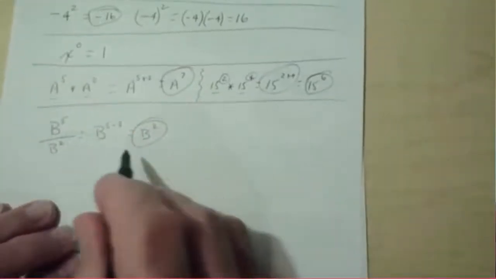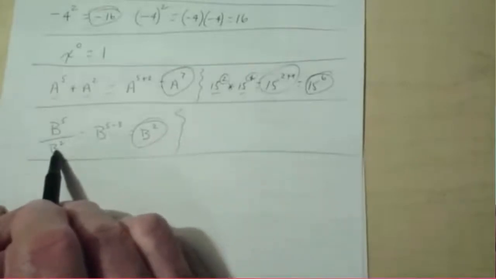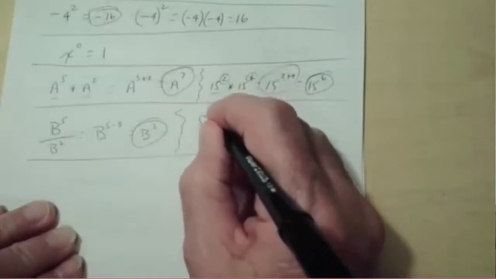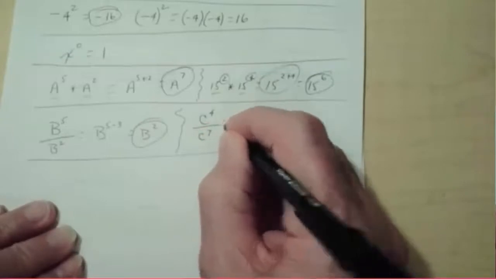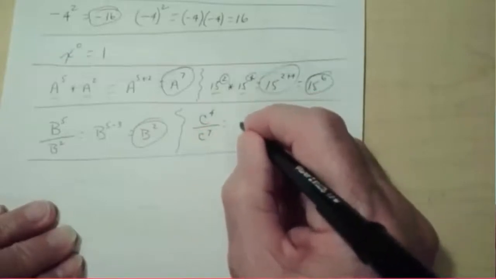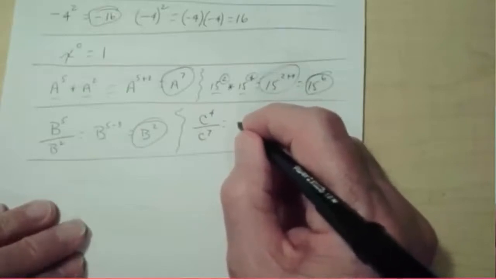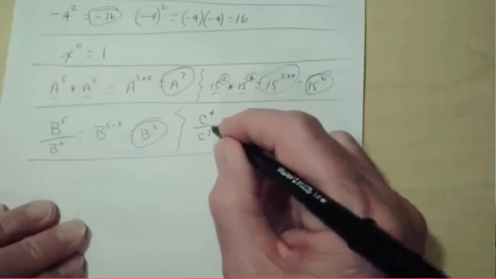Right? Right. Now, what if the larger number's on the bottom? What if we have c to the 4th over c to the 7th? We're going to subtract the exponents.